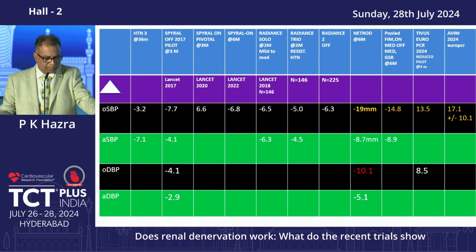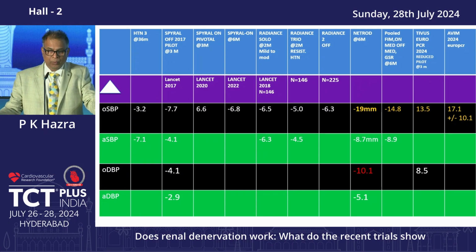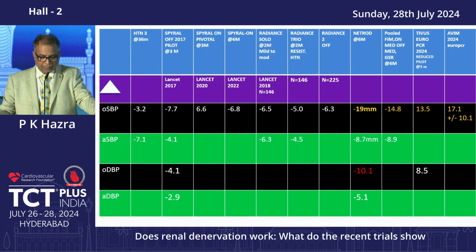So you have 36 months, 3 months, 6 months, mild to moderate hypertension, resistant hypertension, Radiance off drug, on drug, Netrod China 6 months, full first-in-man and global Simplicity registry at 6 months, TVAS EuroPCR 2024, the REDUCE pilot study, and AVIM 2024 with a special pacemaker.